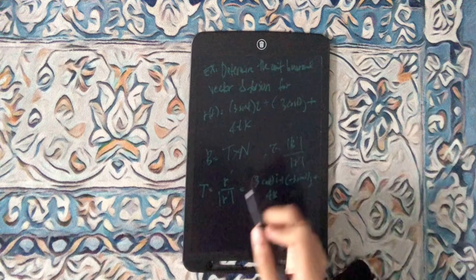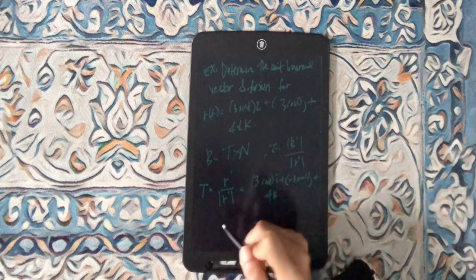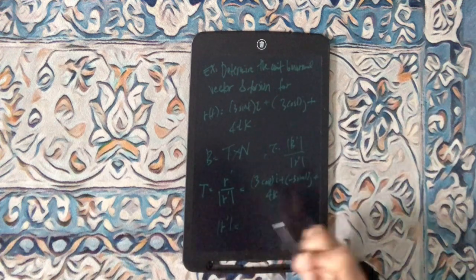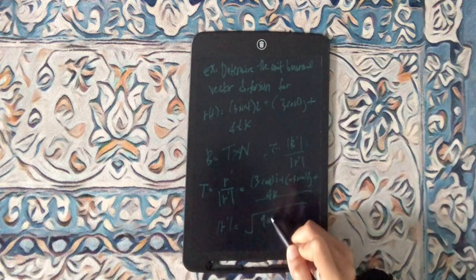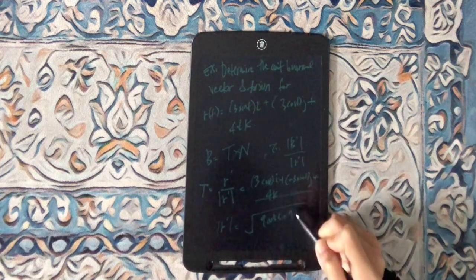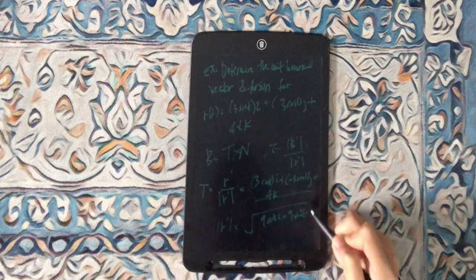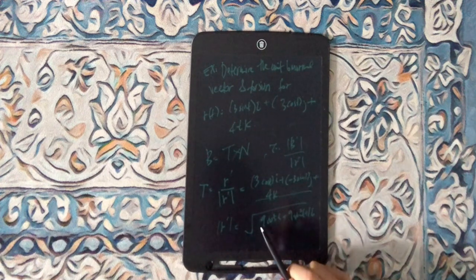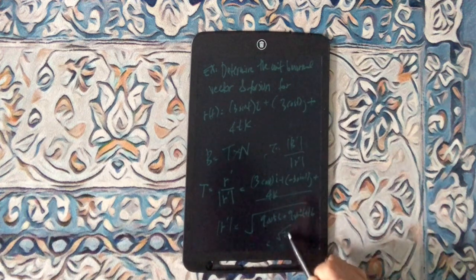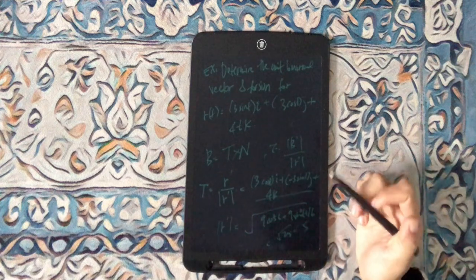The next thing is you need to find the magnitude of R prime. So magnitude of R prime is equal to the square root of 9 cos square t plus 9 sin square t plus 16. Cos square plus sin square is equal to 1. 9 plus 16 is 25, which gives 5.